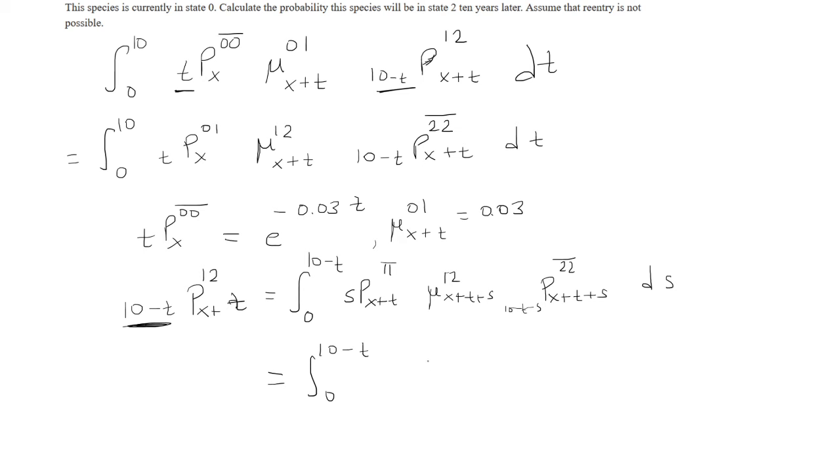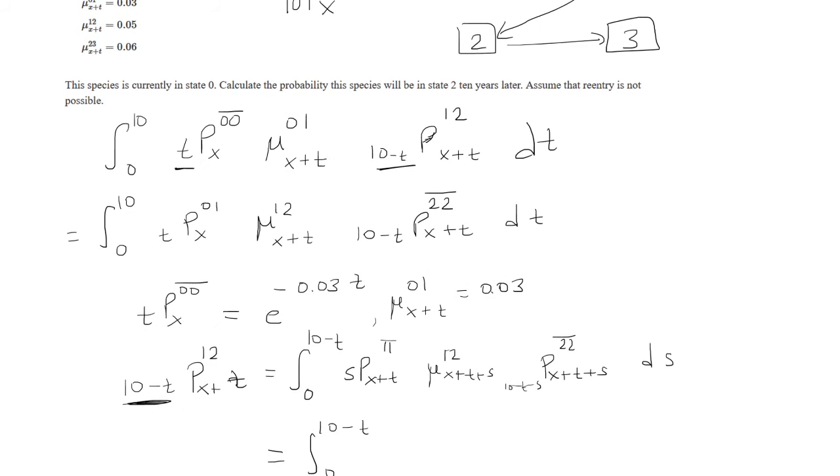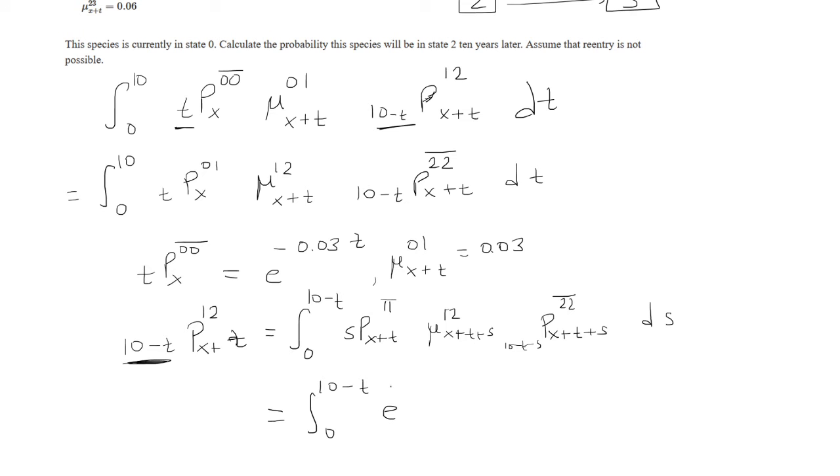So staying at state 1, well, the force of transition out of state 1 is 0.05. So that's going to be e to the negative 0.05s. Transitioning from state 1 to 2, the force is 0.05. And then staying at state 2, well, to exit, it's 0.06.